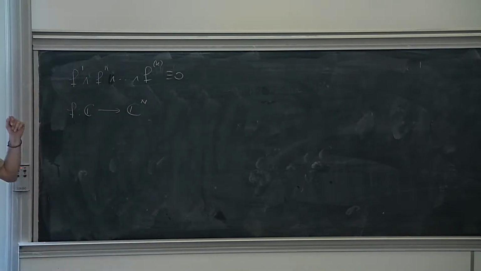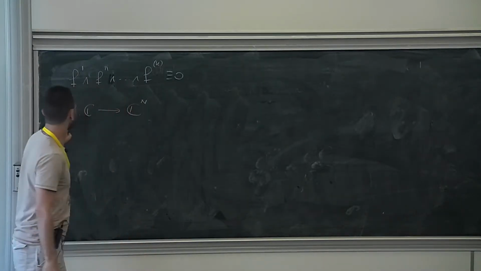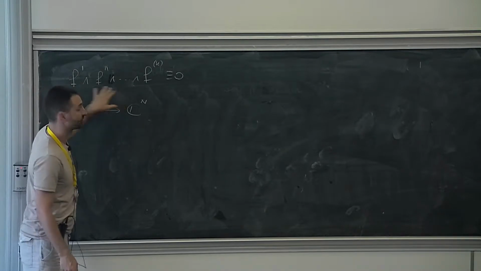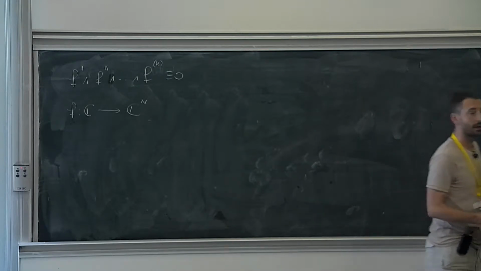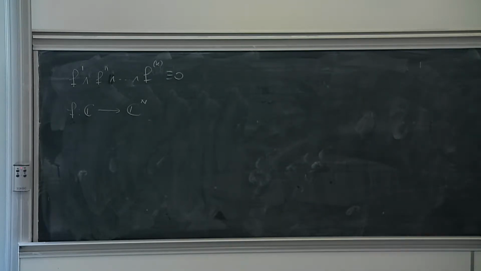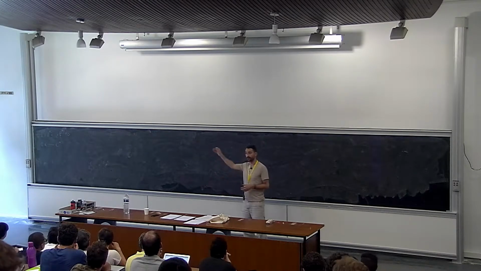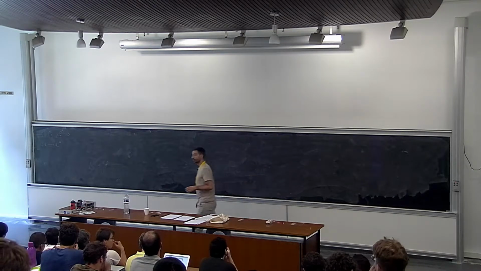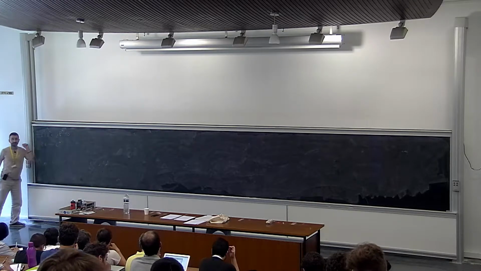And we saw that the fact that f satisfies such an equation forces some algebraic degeneracy of the map f, namely the image must be contained in some affine linear subspace of codimension given by the order of the differential equation. Okay.